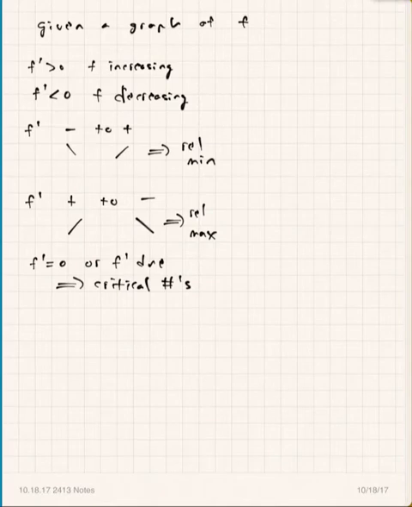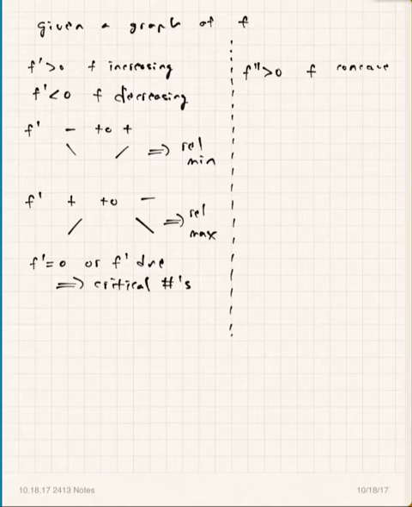All right, and then alongside this, let's write the corresponding information about the second derivative. If the second derivative is positive, then f is concave up. If the second derivative is negative, then f is concave down.